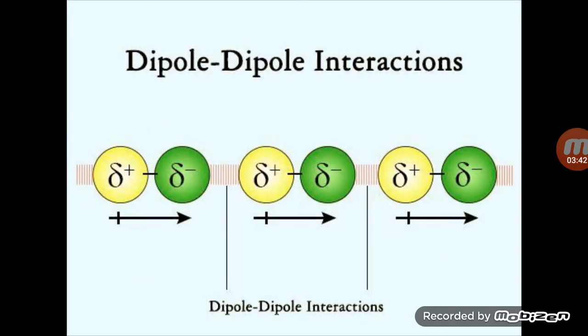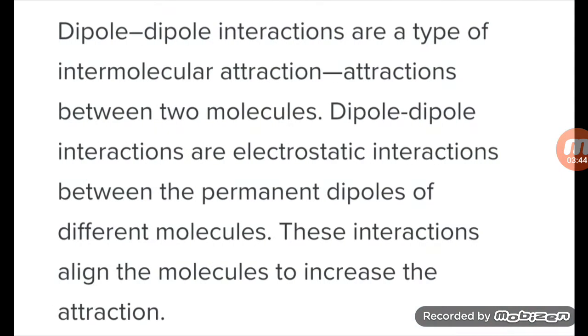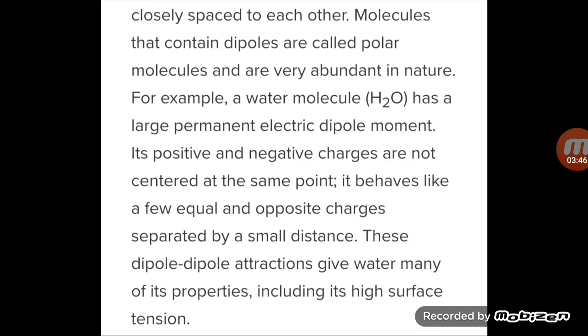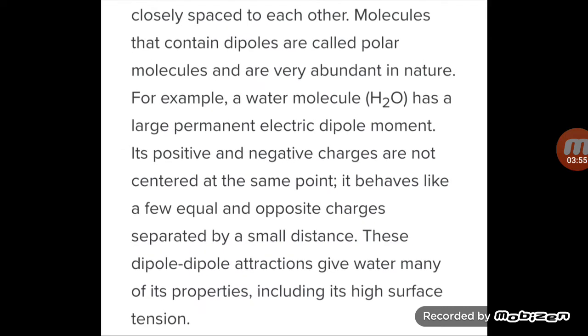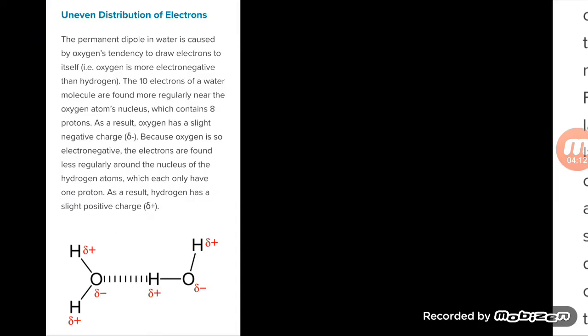As well, they will increase the boiling point and melting point, etc. These dipole interactions give water many of its properties, including its high surface tension. You might have seen that water has quite good surface tension on the upper side because of the dipole interaction.